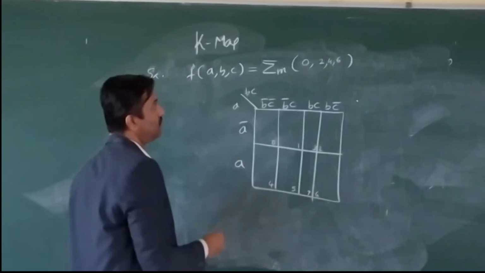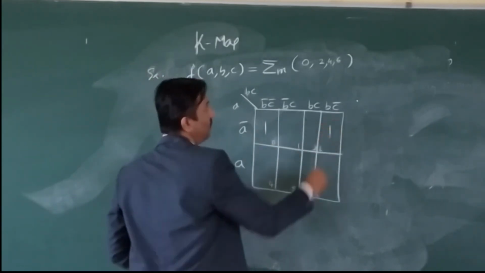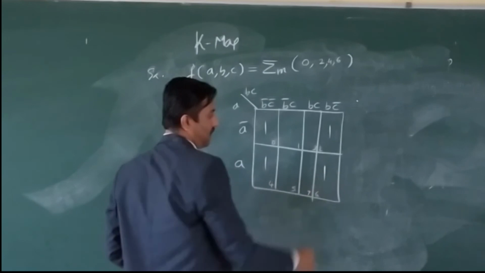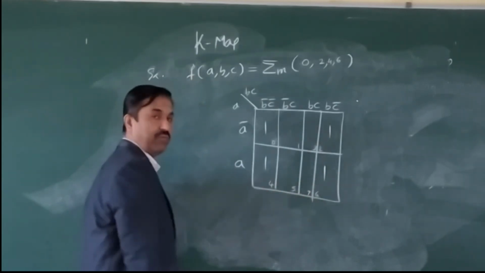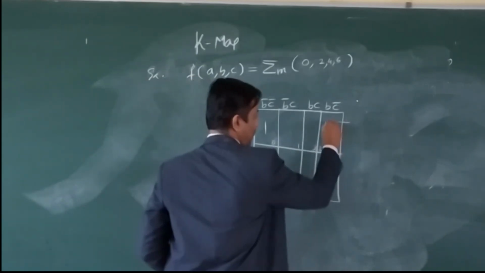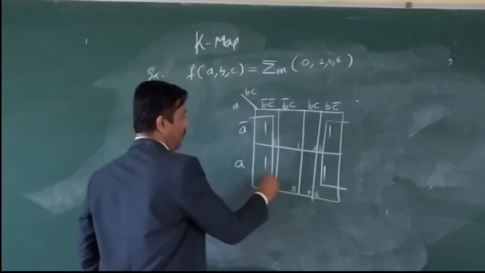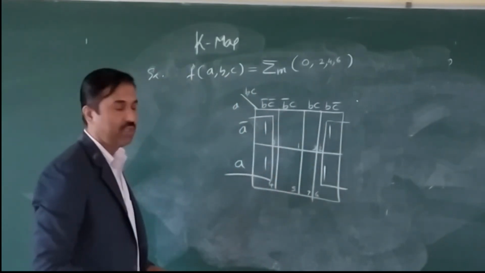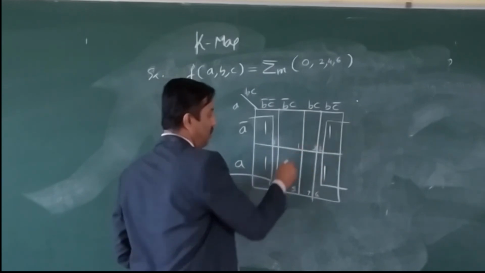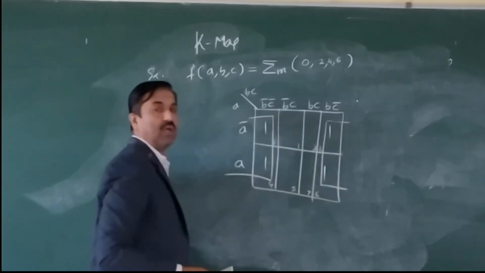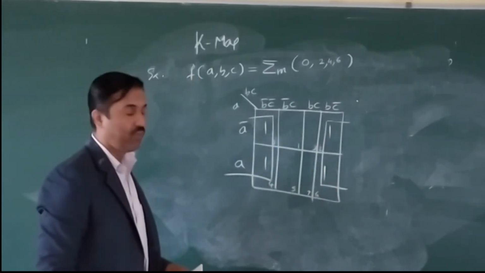Which are those numbers? 0, 2, 4 and 6. So apply the folding rule. What happens? You find these four ones adjacent to each other, as 0 is adjacent to 2 and 4 is adjacent to 6, after applying the folding rule.